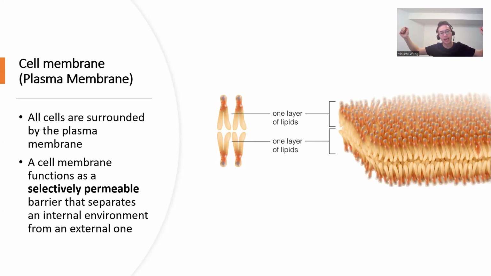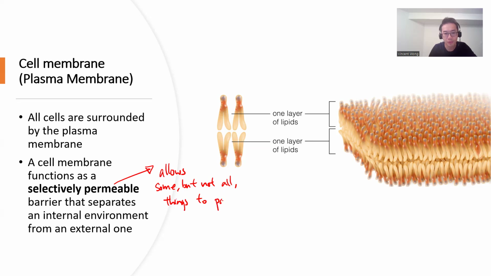And the cell membrane is what we call selectively permeable. That means it allows some, but not all, things to pass through. That's what selectively permeable means.